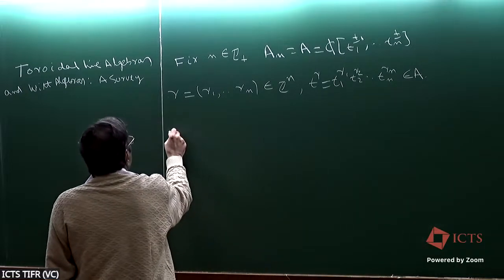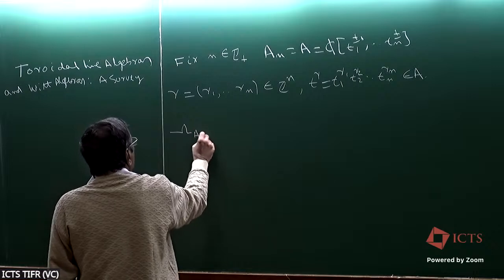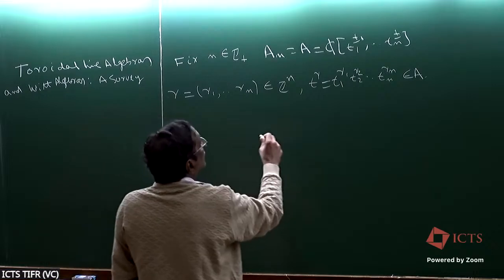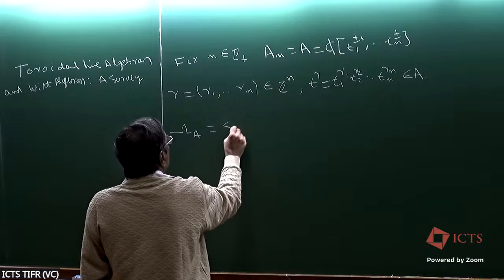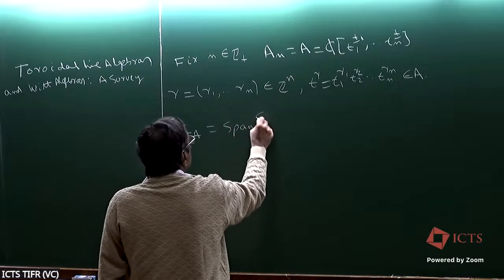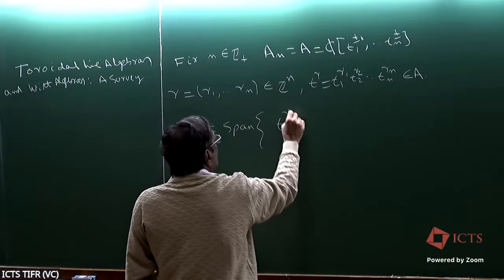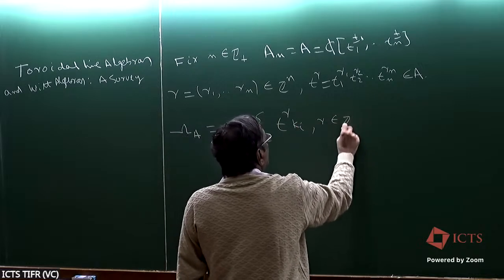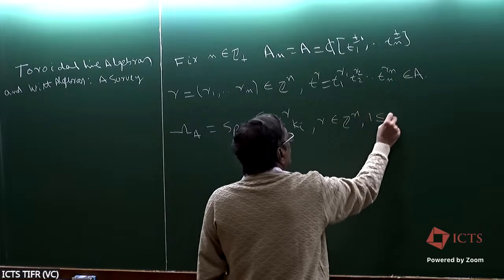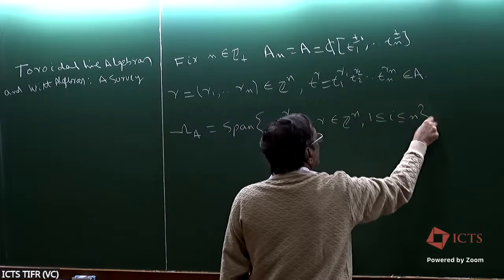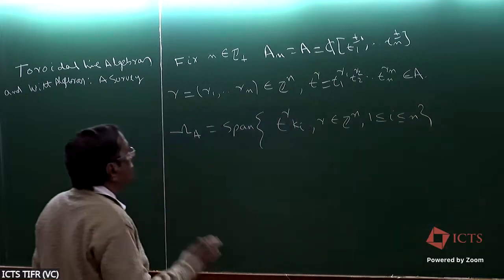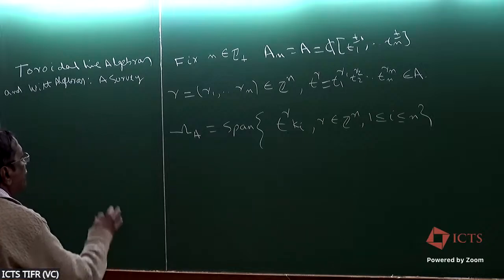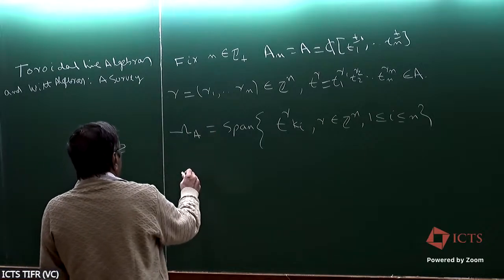Now I will define an abstract set, Omega_A. This is the span of t^r k_i, where r runs over Z^n and i runs from 1 to n. Just symbols. You just take a vector space spanned by these symbols, and there is a relation.